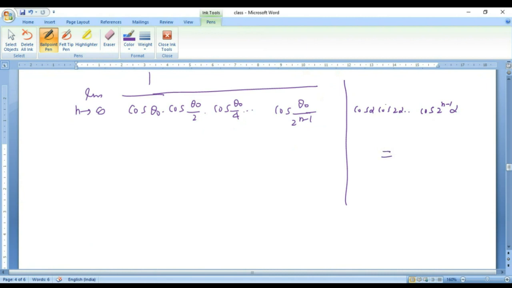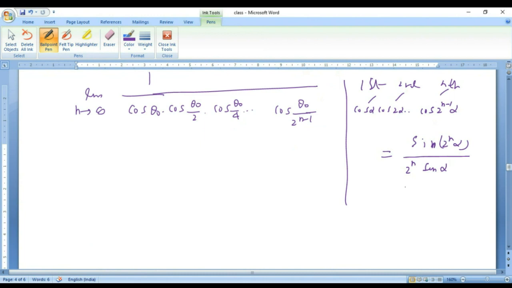So this has got n terms: first term, second term, and this is the nth term. So these n terms give sine of 2 to the power n alpha, whole upon 2 to the power n times sine of alpha, when these things are all defined.